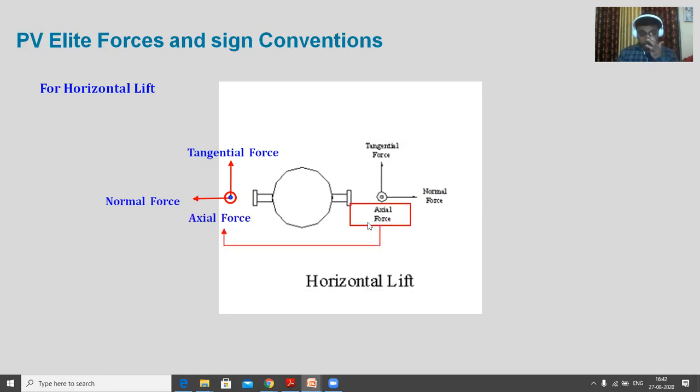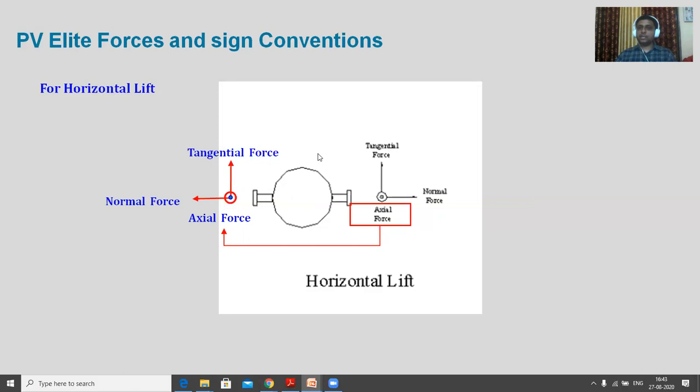So it depends upon what kind of arrangement, or in what condition, we are going to lift the vessel. Accordingly, the forces which will be coming on the trunnion as well as on the lifting lugs will change. So we have seen that in the case of vertical, the tangential force will show as a point. The tangential force will only be there if we are going to lift the equipment from some other plane, which we most likely will not do.